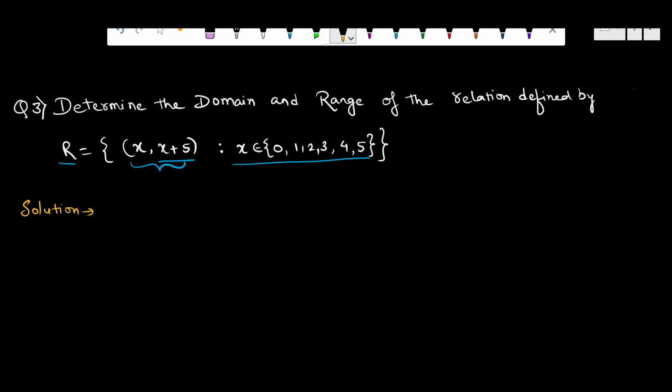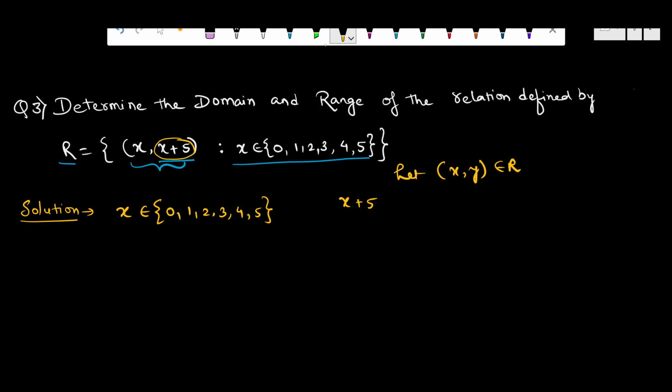Now see the solution. Now since x belongs to this set 0, 1, 2, 3, 4, 5, and the second component is x plus 5, so let x comma y belong to R, right?